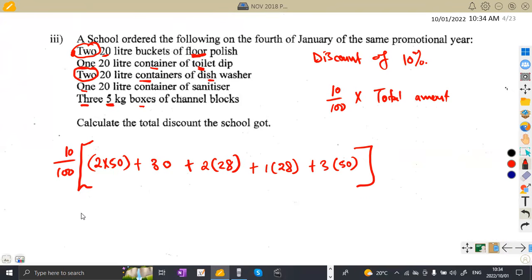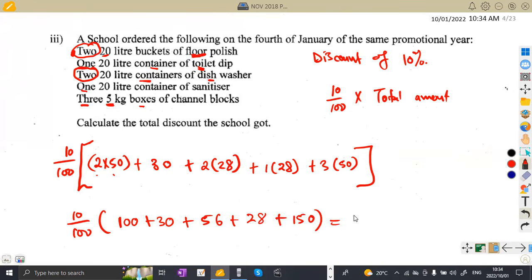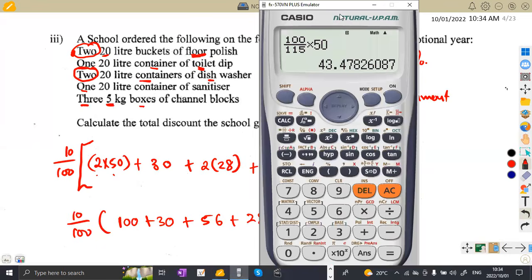So what is going to be the 10% of this? So the 10% is going to be of 2 by 50, which is 100, plus 30, plus 2 by 28, which is 56, plus 28, plus 3 by 50, which is 150. All right, so what you're going to do is to add everything. So it's 10% off. I'm just going to add everything here.